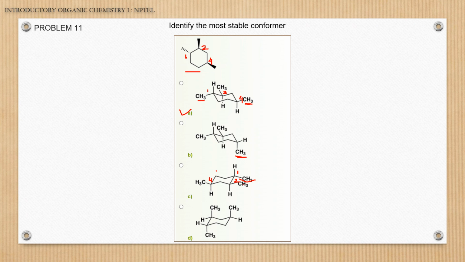Both satisfy the stereochemistry as well as the sterics for equatorial, right? But here you choose option A. Why? Because here the steric strains are there between the methyl groups, so because of the steric strain, the system chooses the favored conformation rather than C. Understanding my concern? Yes, ma'am.